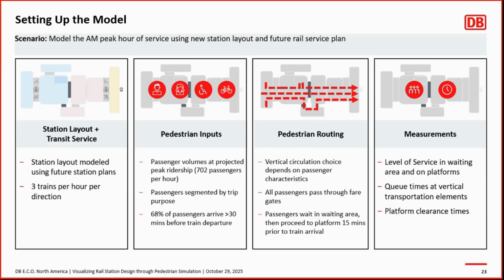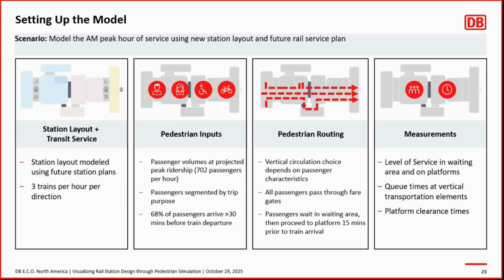For this station, this is a through station, so there's trains going in both directions with 3 trains per hour per direction. Passenger volumes were set to projected peak ridership, which is 700 per hour. And here, as I mentioned previously, passengers were segmented by trip purpose.